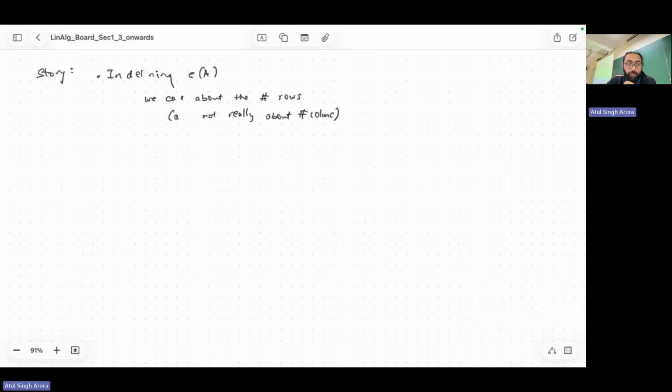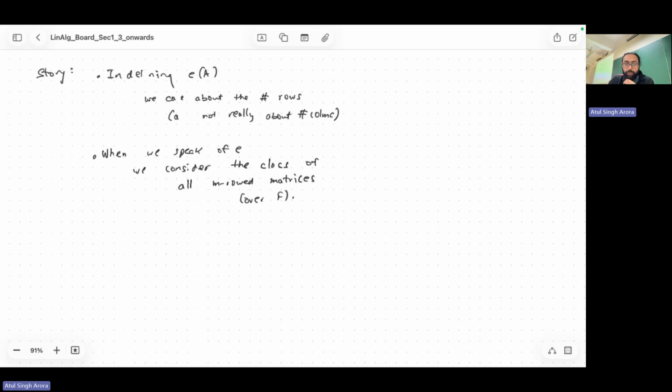Therefore, when we speak of E, we consider the class of all m-row matrices over F.